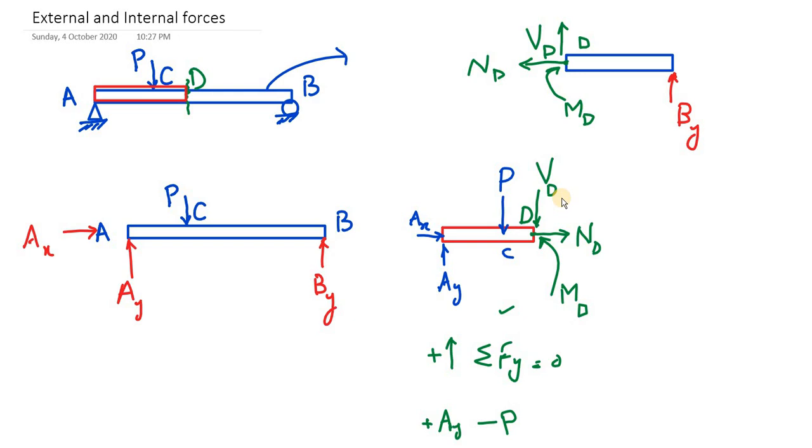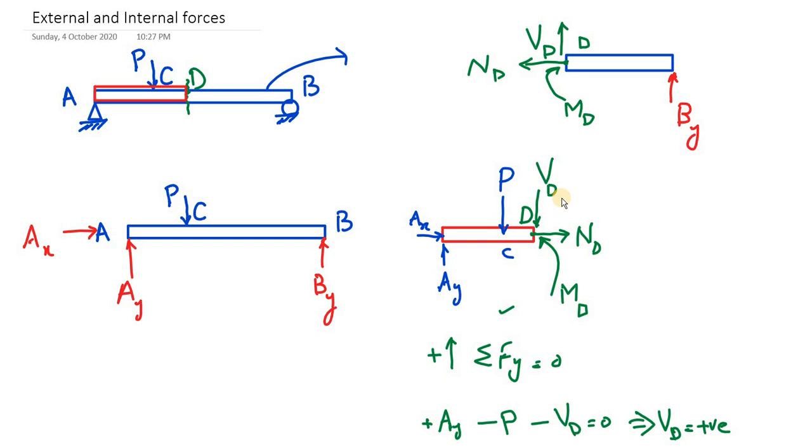So what is left now? VD. Now VD is acting downward, so it must have a negative sign, equal to 0. Now I can write down this equation and solve it for VD. If I end up with a positive answer, it means shear at this point is positive, meaning the assumed direction of shear is correct.